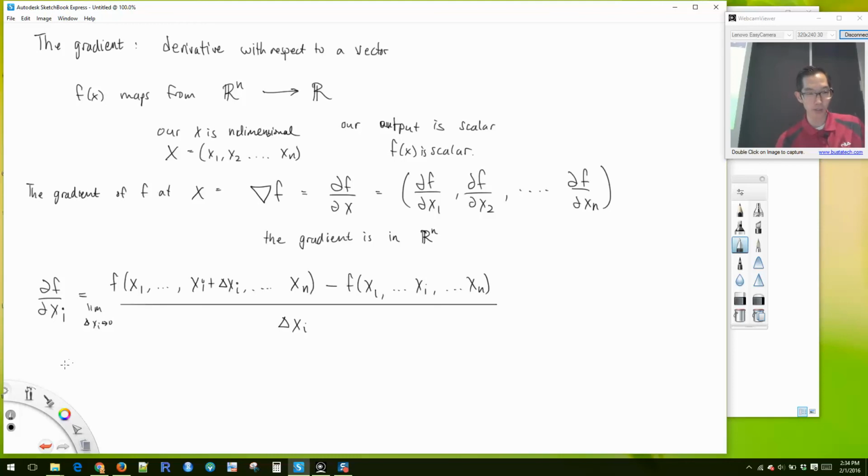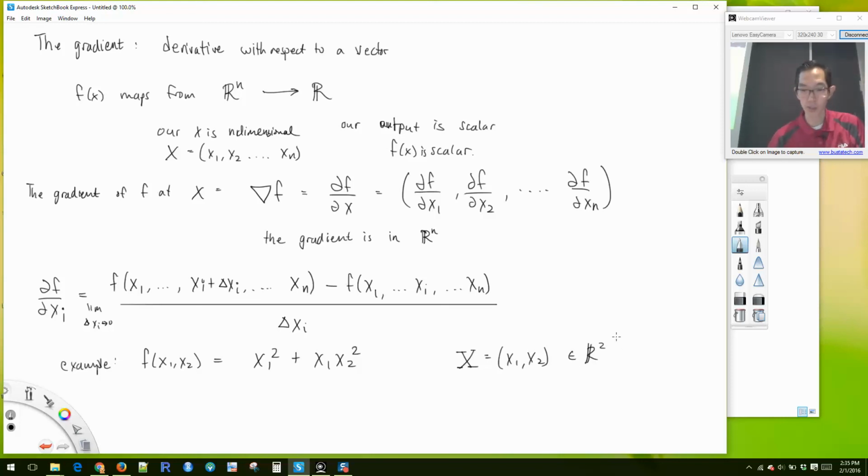Here we'll do an example. Let's say our function f of x is a function of x1 and x2. It's x1 squared plus x1 x2 squared, where x is an element of two-dimensional space.